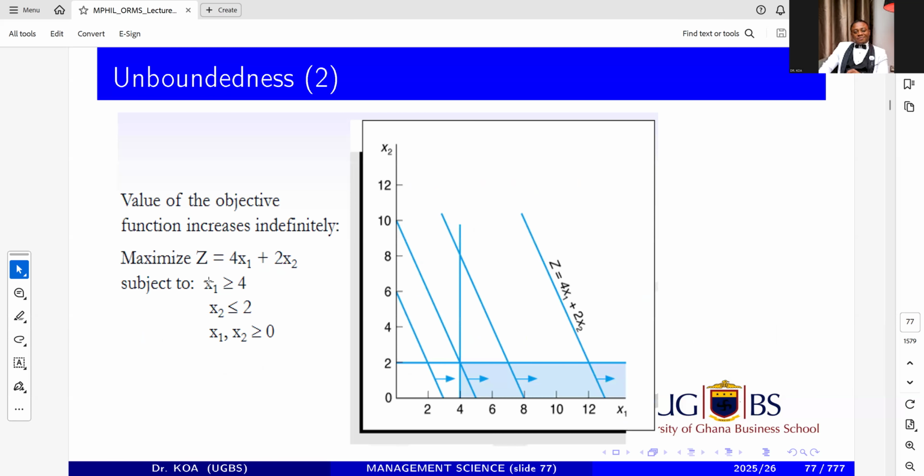So we have our x1 greater than 4, as you can see here, so I've shaded this area. Then x2 is rather less than 2. So that one, what is it saying? x2 is below, so that one we've shaded here.